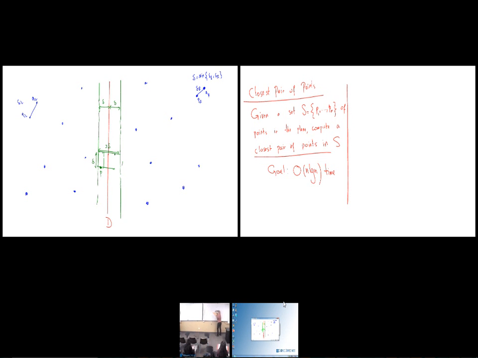I'm going to divide it into 8 squares, like this. Let me highlight these squares. So I'm dividing it into 8 squares.